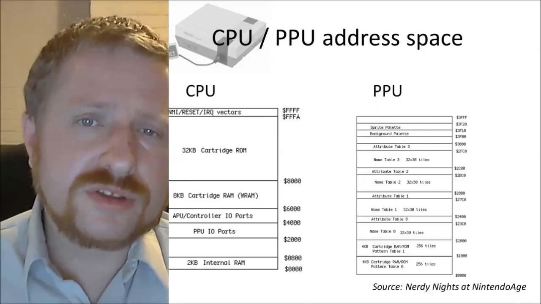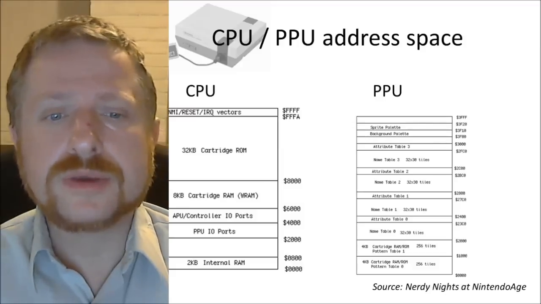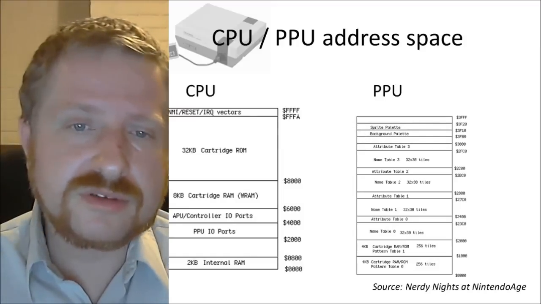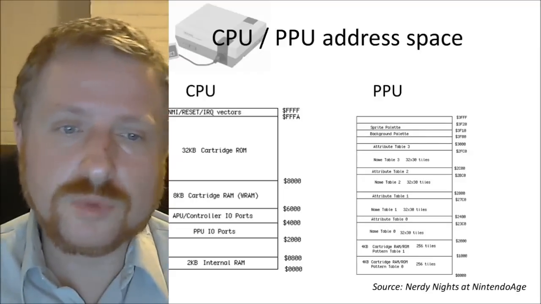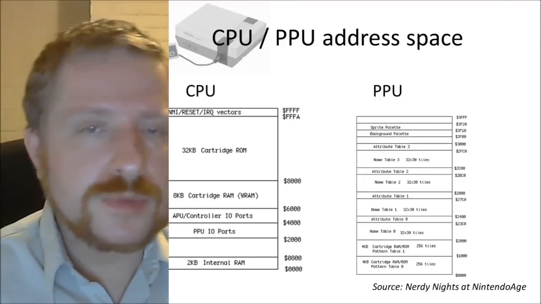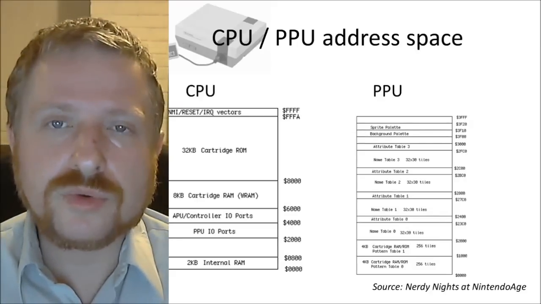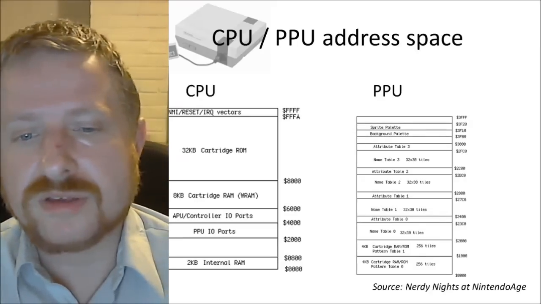And here's the address space for the CPU and PPU. So on the CPU, you can see the address ranges from $0000 to $FFFF, the 64K. The bottom 2 kilobytes is internal RAM, which can be used for things like variables.